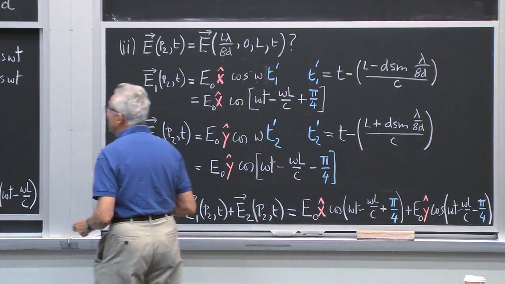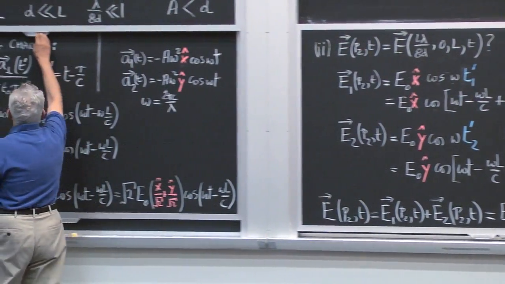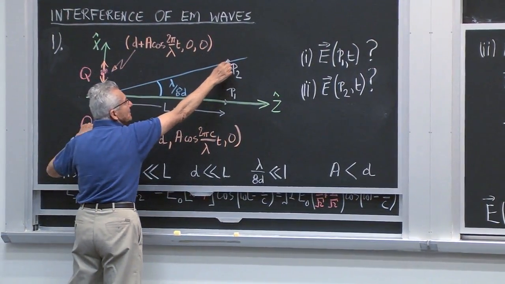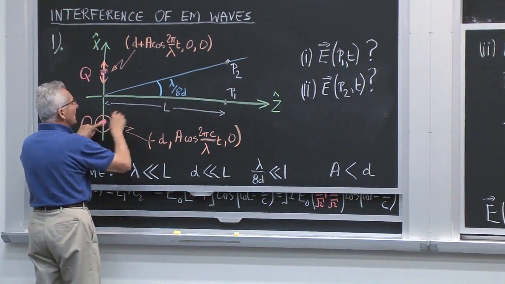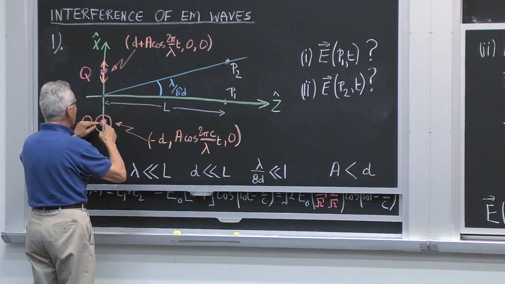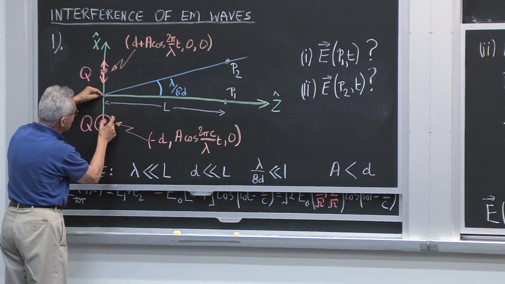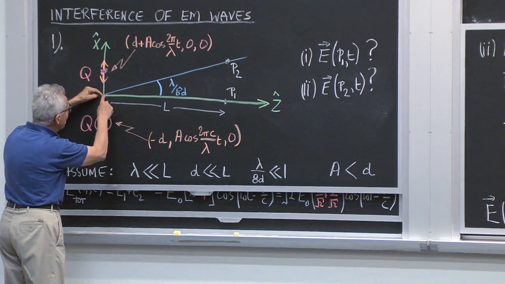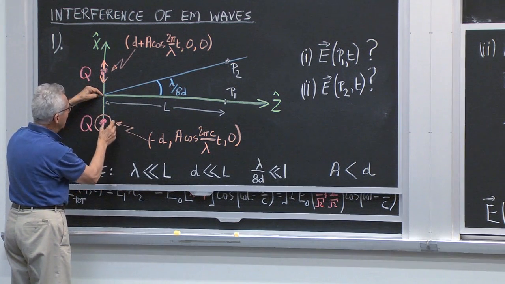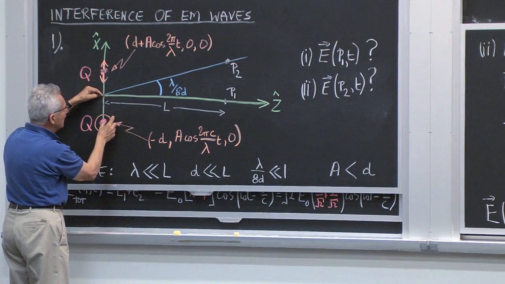For a second, let's go back to this picture. So you see what I'm talking about. If I calculate this distance, it's the same as that distance, plus d sine of this angle, which is this lambda over 8. And I'm subtracting it.